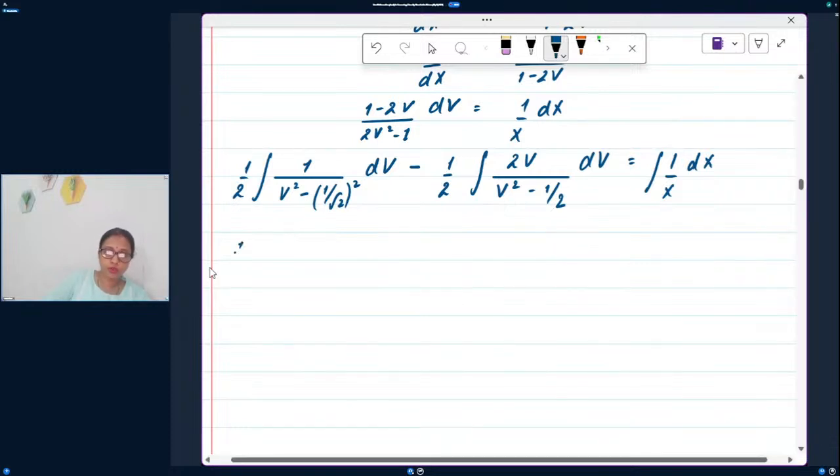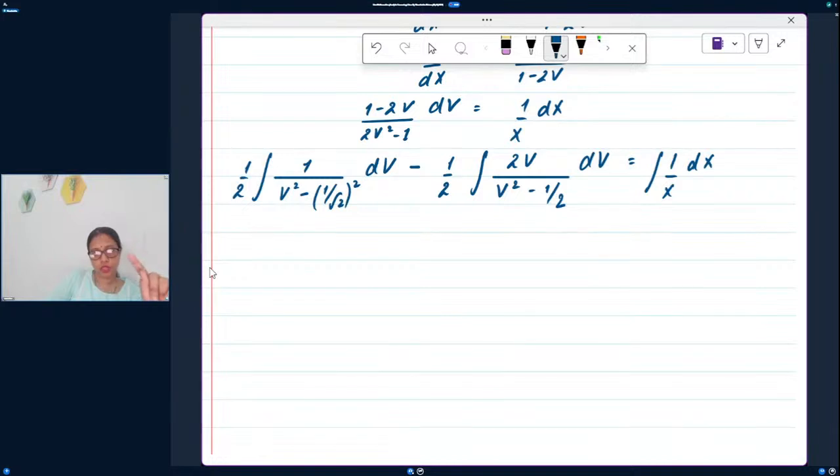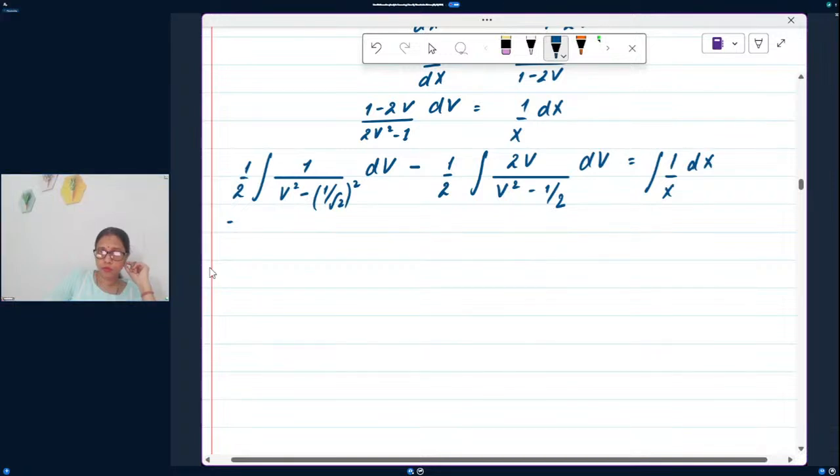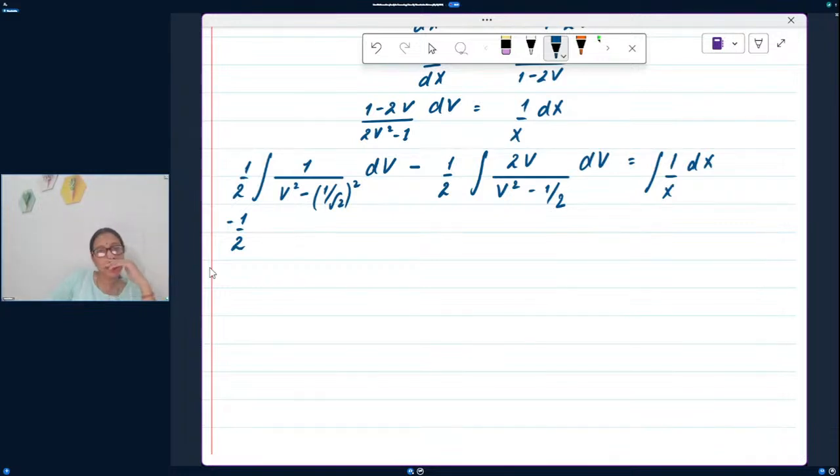So 1 by 2 is outside, but that is 1 minus v square, so I can take minus common. Minus 1 by 2, that becomes 1 by root 2 a square minus x square, right?